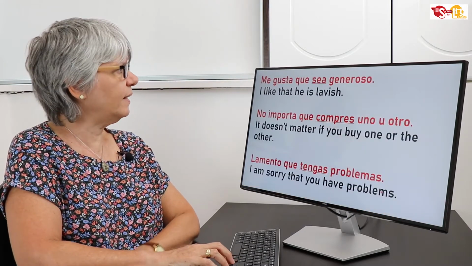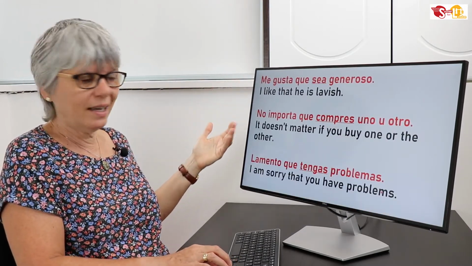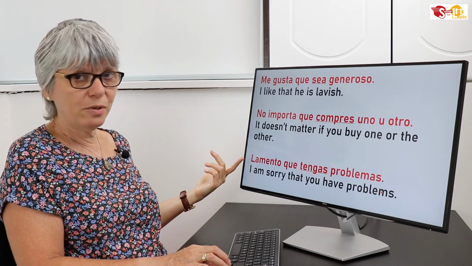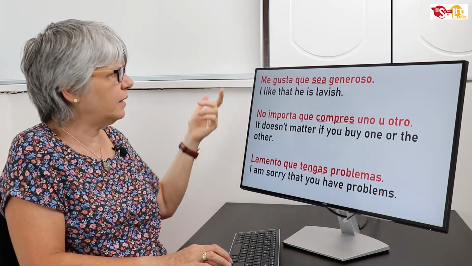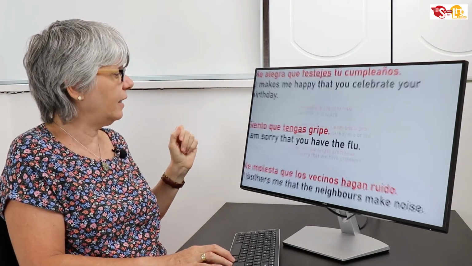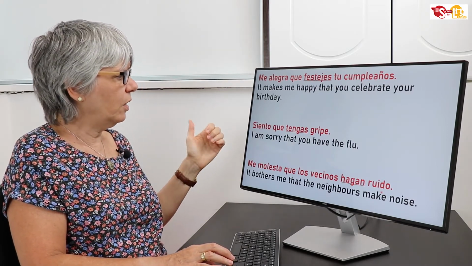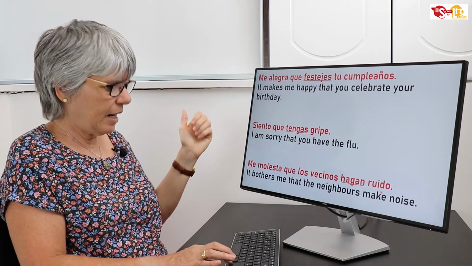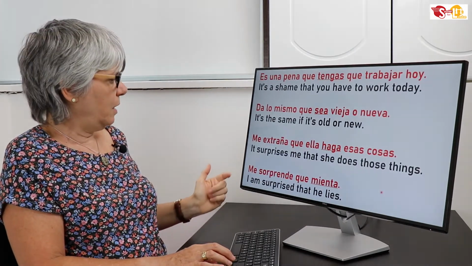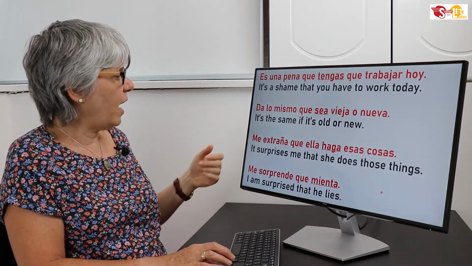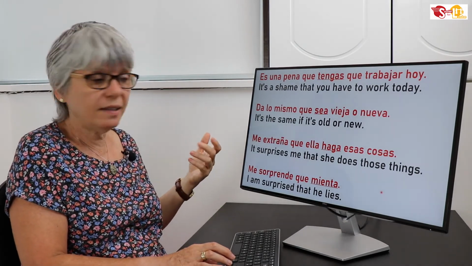So, as you can see, in all these cases, lamento, I'm sorry, no importa, it doesn't matter. Me gusta, I like. Me molesta, it bothers me. Siento, I'm sorry. Me alegra, it makes me happy. Me sorprende, I am surprised. Me extraña, it surprises me.